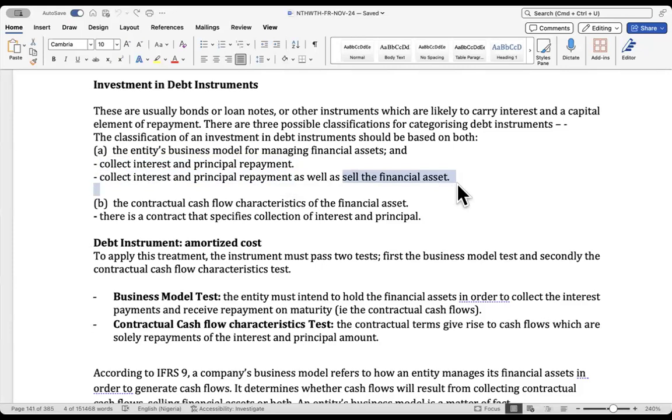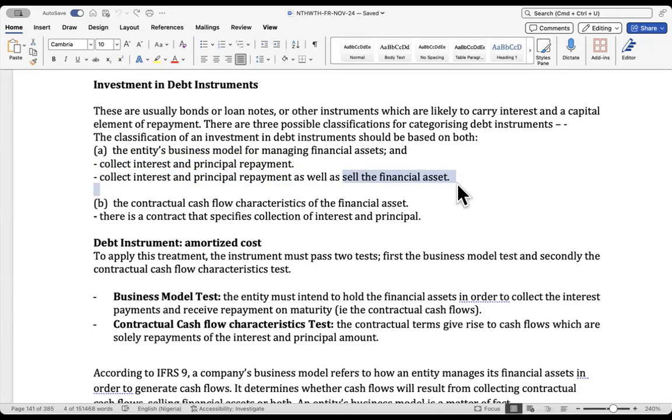Some people might have the intention of selling. They might not wait to maturity. They might just sell along the line and exit this financial asset, majorly because there is another investment giving an even higher interest rate.